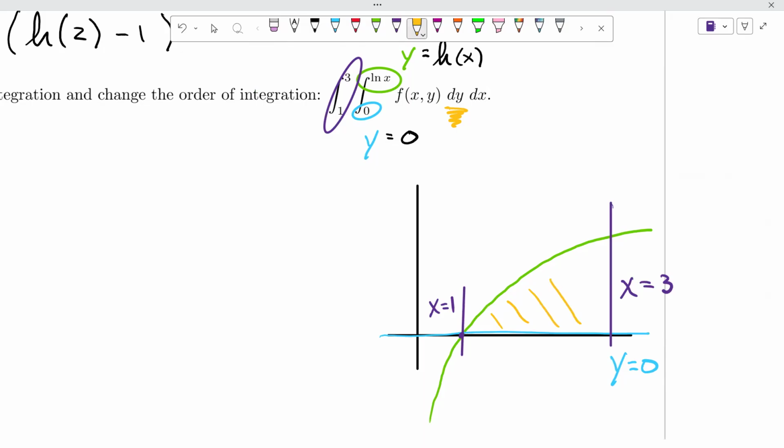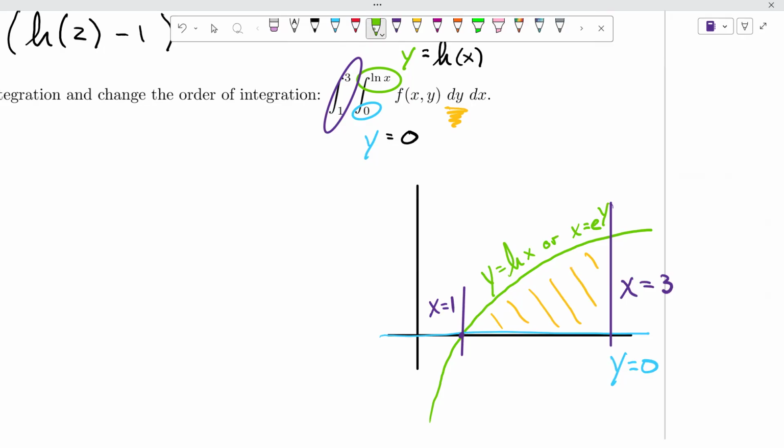So my region must be this one. Where again, I have the curve y equals natural log of x, or x equals e to the y. I could write that green line as either function.